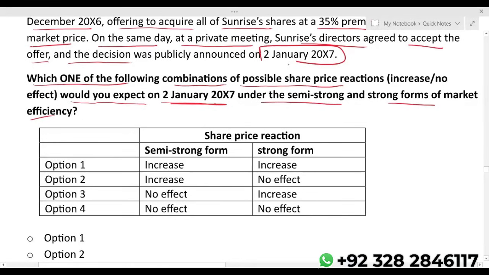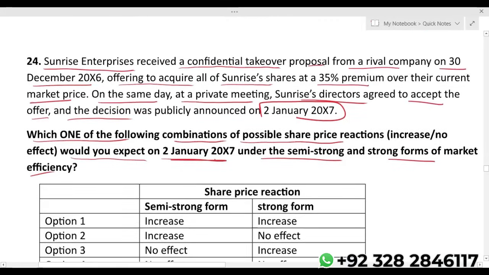Okay. Now, in case of strong form, listen carefully. You are announcing on 2nd January. In case of strong form efficiency, the impact of this information on your share price would have already been reflected on 30th December X6.